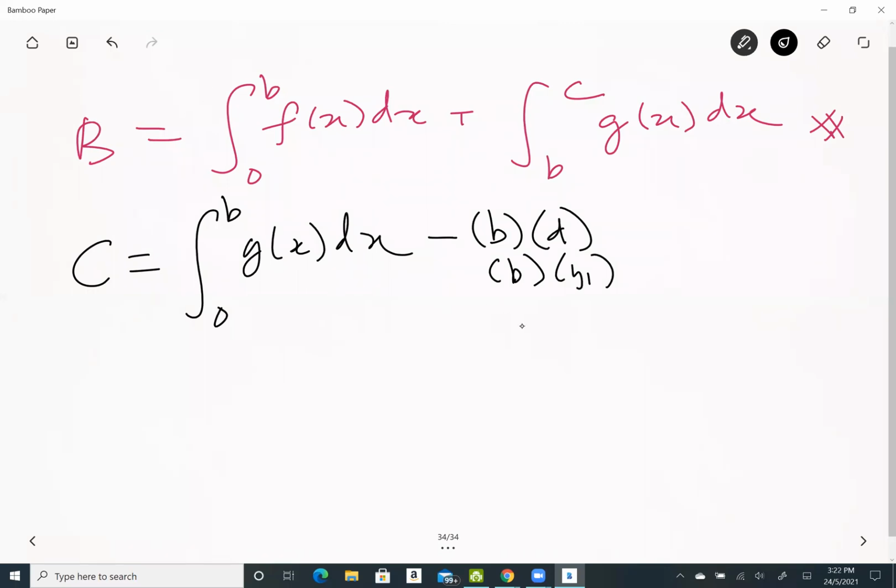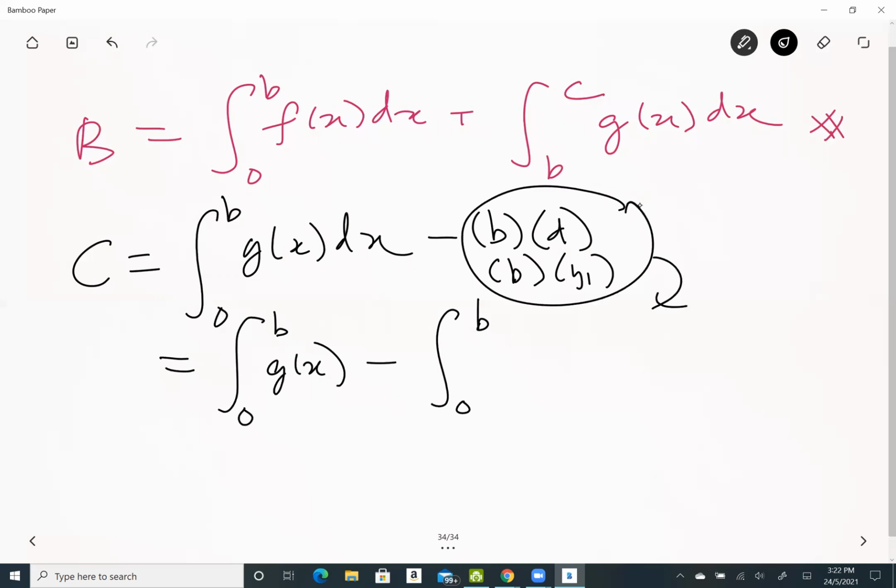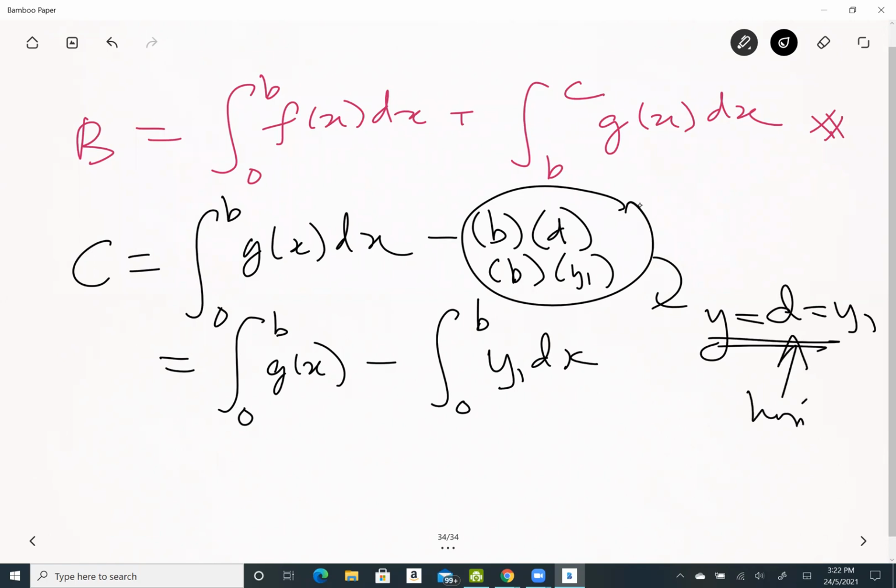Now I can do that in terms of integration. It will be the integral from 0 to b of g of x minus the integral from 0 to b of y1 dx. So y1 is a constant function, y equal to d or y1. That is the horizontal line, which is a function.